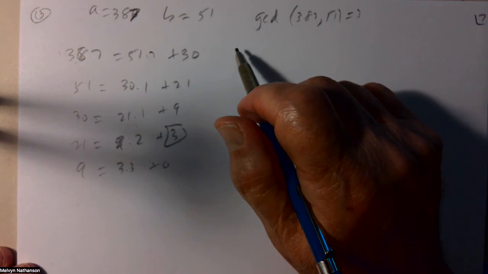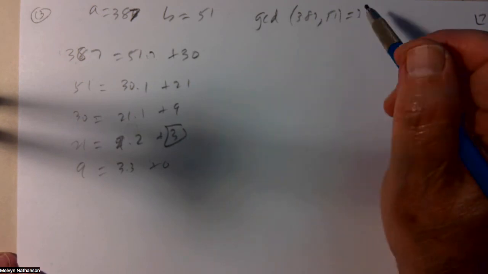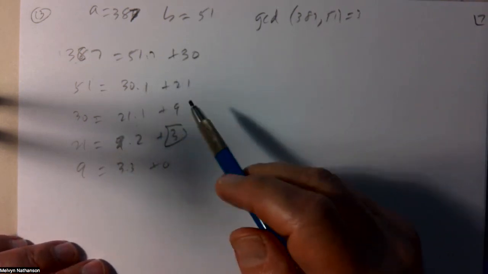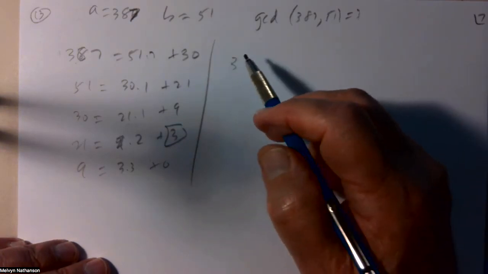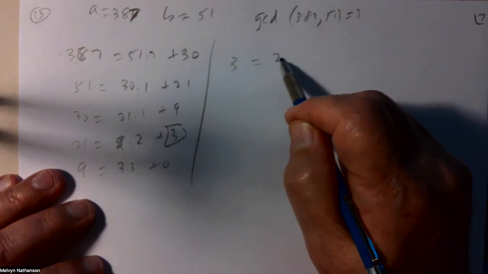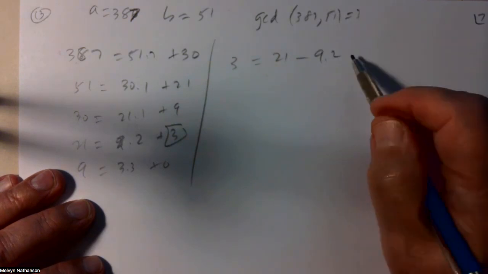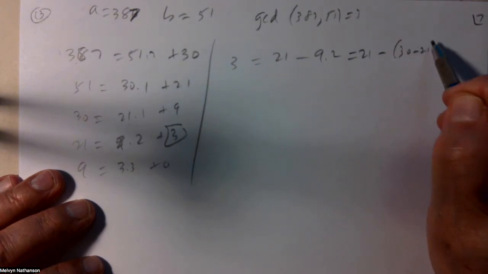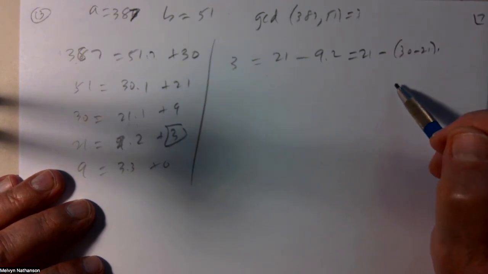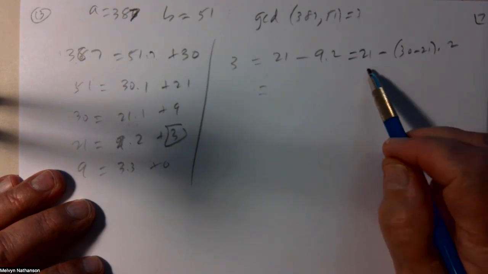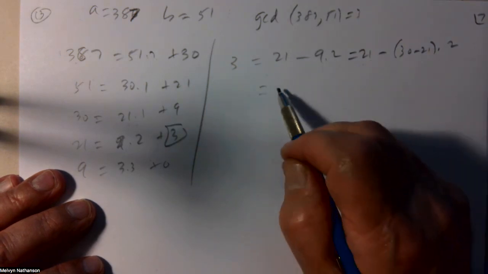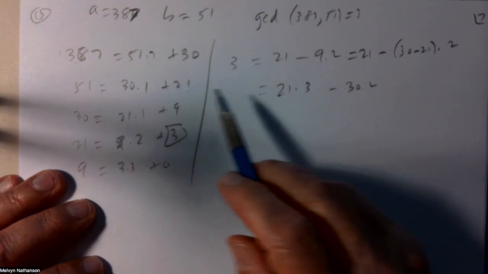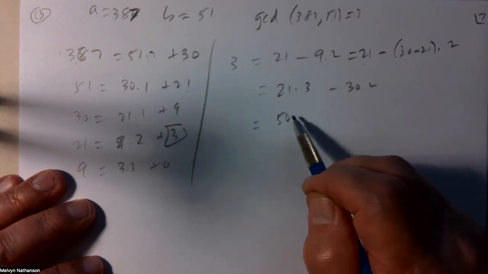And to work backwards, to write 3 as a linear combination with integer coefficients of 51 and 387, we work backwards like this. 3 is equal to 21 minus 9 times 2, and 9 is 30 minus 21 times 2. So this is 21 times 3 minus 30 times 2. And 21 is 51 minus 30.